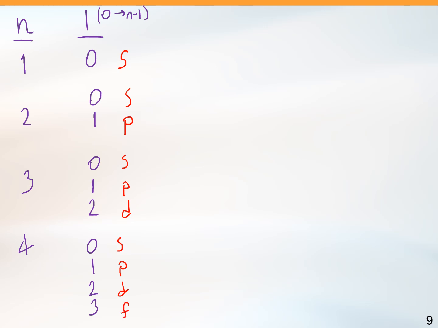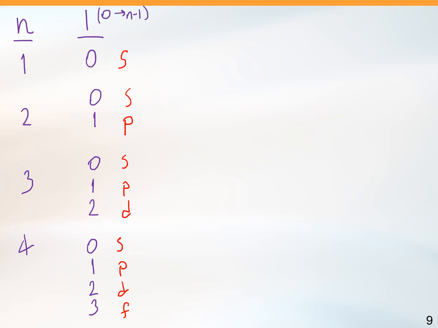As you can see, each shell has everything that the previous shell has plus one more. The number of subshells, L, increases by 1.